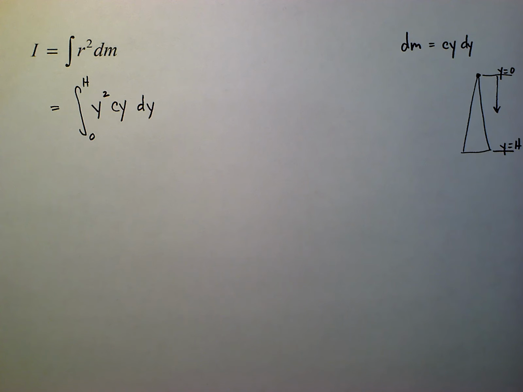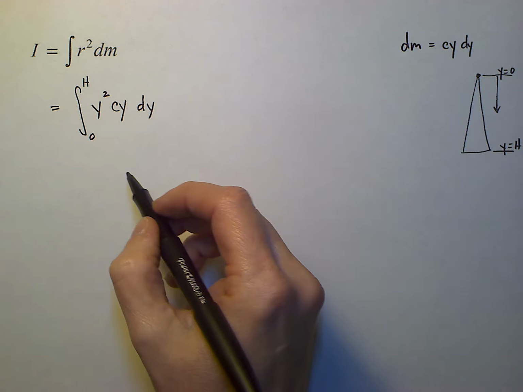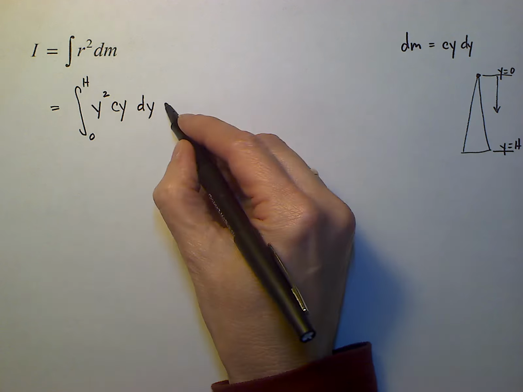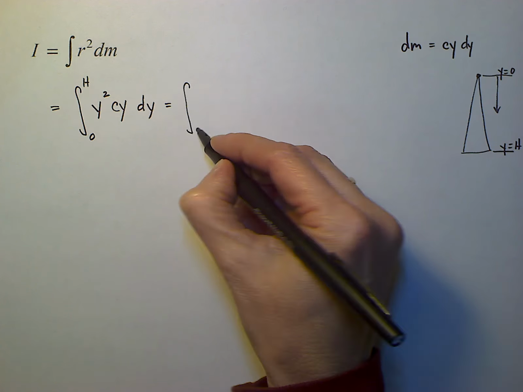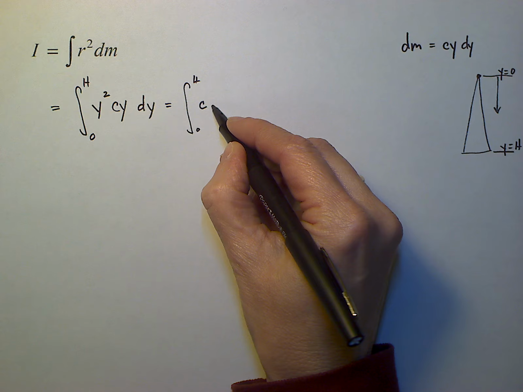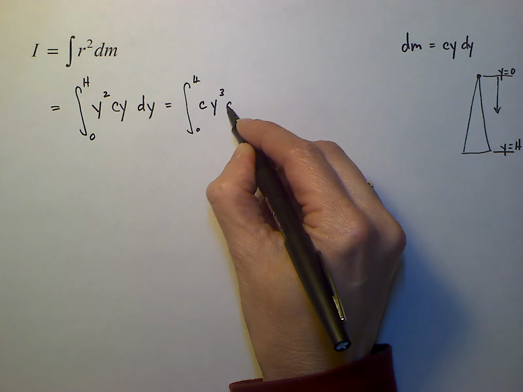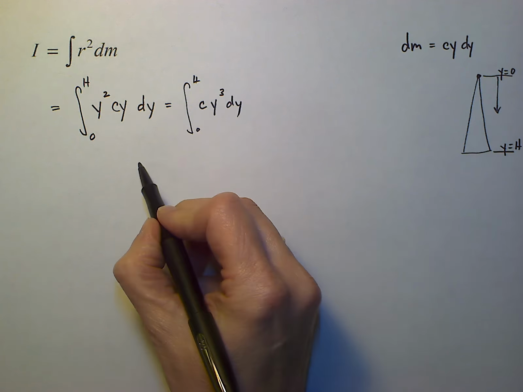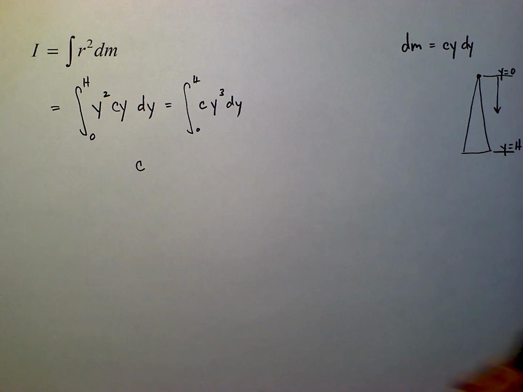And so this is the integral that I want to work through here. I'm just going to go through the steps. I've really got a y cubed. So I've got c times y cubed dy. So when I integrate, I keep my constant.